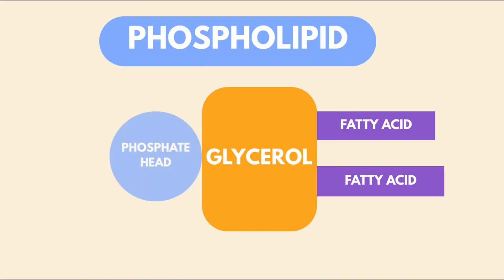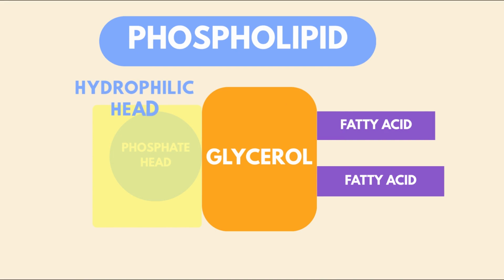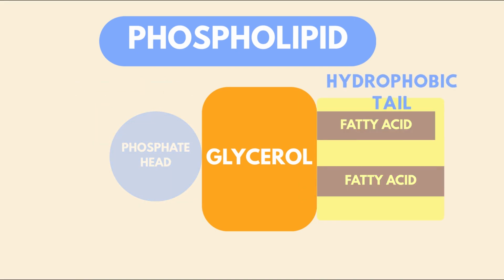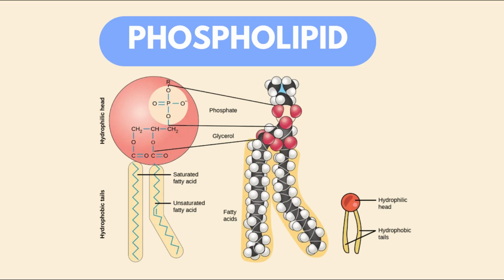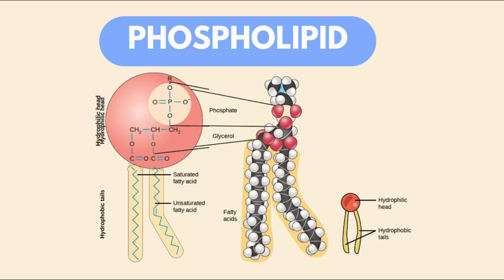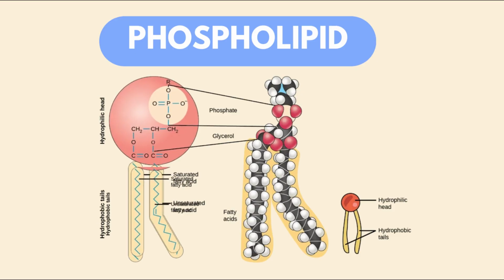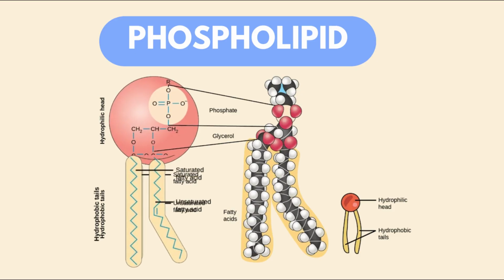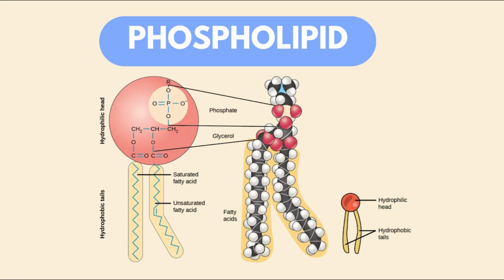Because of this, they have special properties, a hydrophilic head and hydrophobic tails. And this is the structure of a phospholipid. You can see that the phosphate group gives a hydrophilic head-like structure, while the tails give a hydrophobic property. So that's all you need to remember about phospholipids.